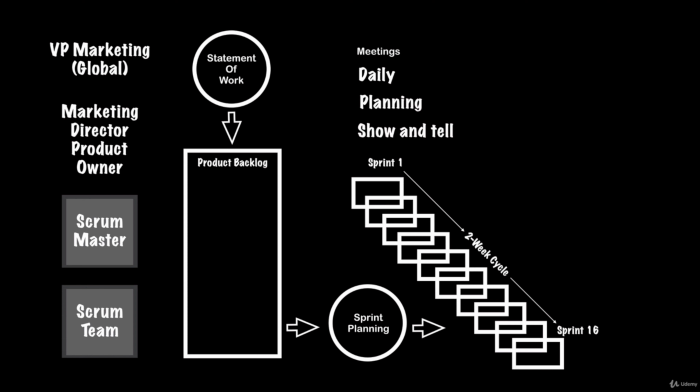The daily meeting involved the marketing director, the Scrum Master, and the Scrum team. It was on site, but the marketing director wasn't always present physically, so he dialed in through phone, and we just went through progress reports and things that were happening towards the end date, which was 16 weeks.